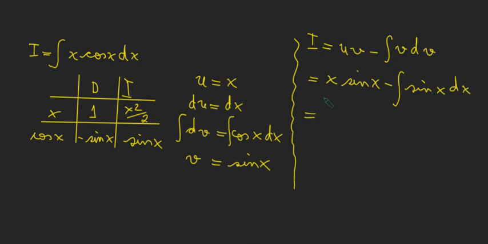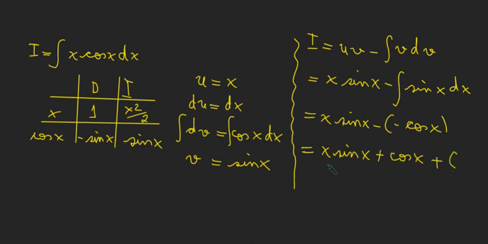So this is equal to x times sine of x minus the integral of sine, which is minus cosine. Doing the computation, we have x sine of x, negative and negative is positive, cosine of x plus a constant. So this is the final answer.